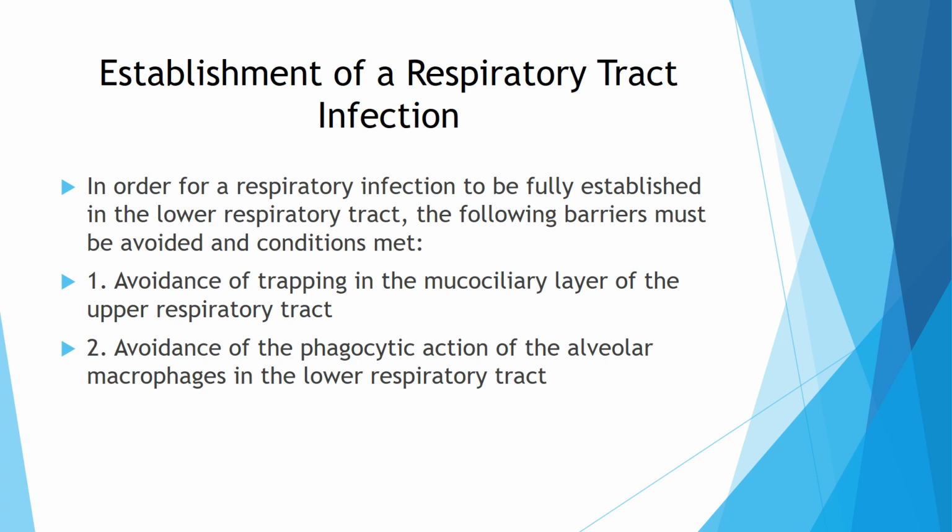There needed to be avoidance of trapping in the mucociliary layer of the upper respiratory tract, so they would have had to escape all the defenses in the upper respiratory tract. Avoidance of the phagocytic action of the alveolar macrophages in the lower respiratory tract. So they would have to have escaped everything in the upper respiratory tract, worked their way down to the alveoli level where this phagocytosis is going to occur, and escape that.